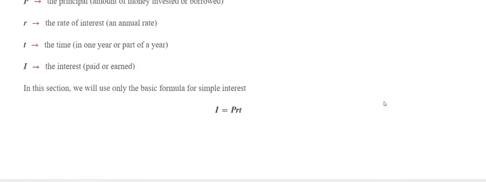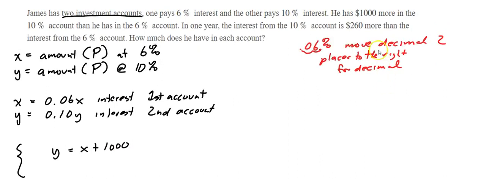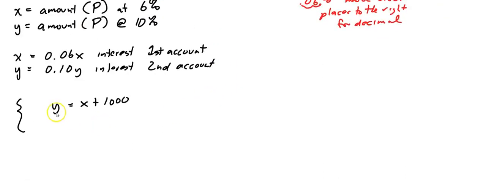Let's remember that right here, he has $1,000 more in the 10% account than in the 6%. So I need y equals, there's the first account. He's got $1,000 more in y than he does in x. So there's our first equation.